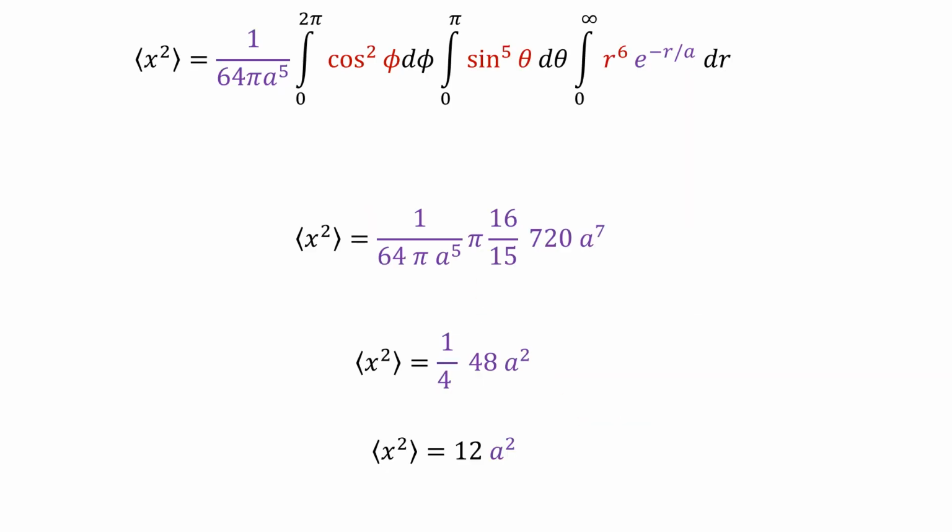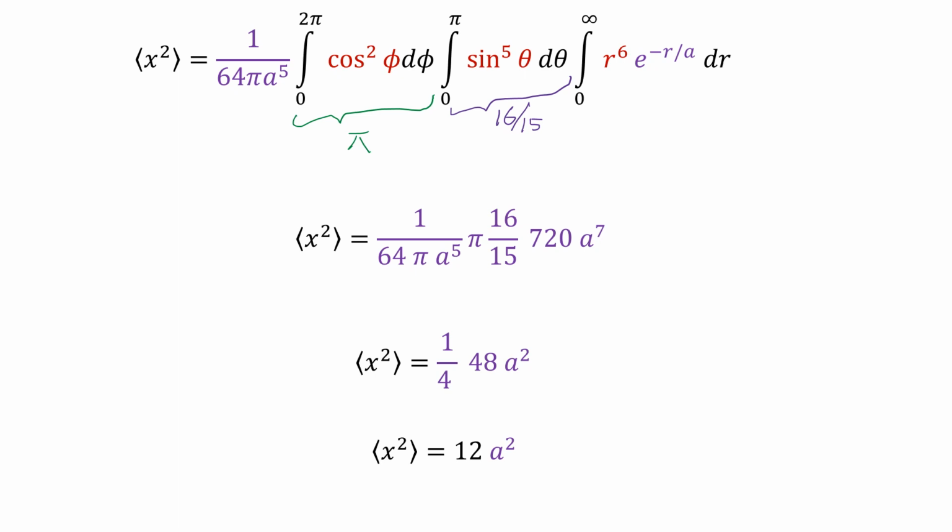So now we got the expectation value of x squared after separating the variables like this, and for each variable we have found the value. The first integral, 0 to 2 pi, cos squared phi d phi, is pi, as we have just seen. Similarly, the sine power 3 theta d theta integral, the second integral between 0 to pi, is 16 over 15.